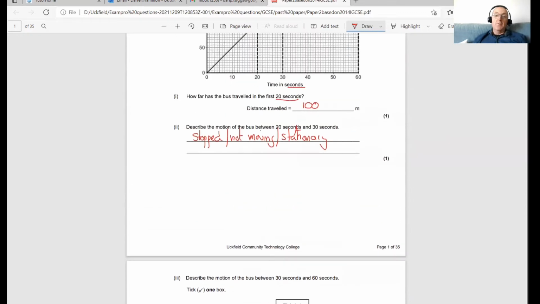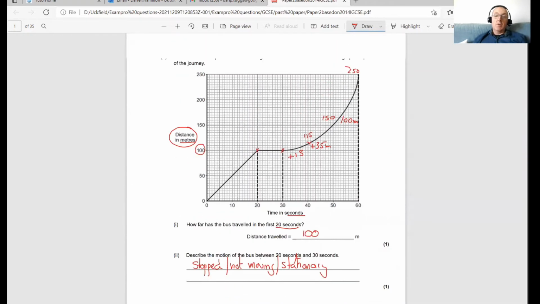So if we look at it as a 2-mark question, describe the motion. Well, for 1 mark, it is moving because the distance is increasing with time. But that would be true of any line that you could draw between 30 seconds and 60 seconds.